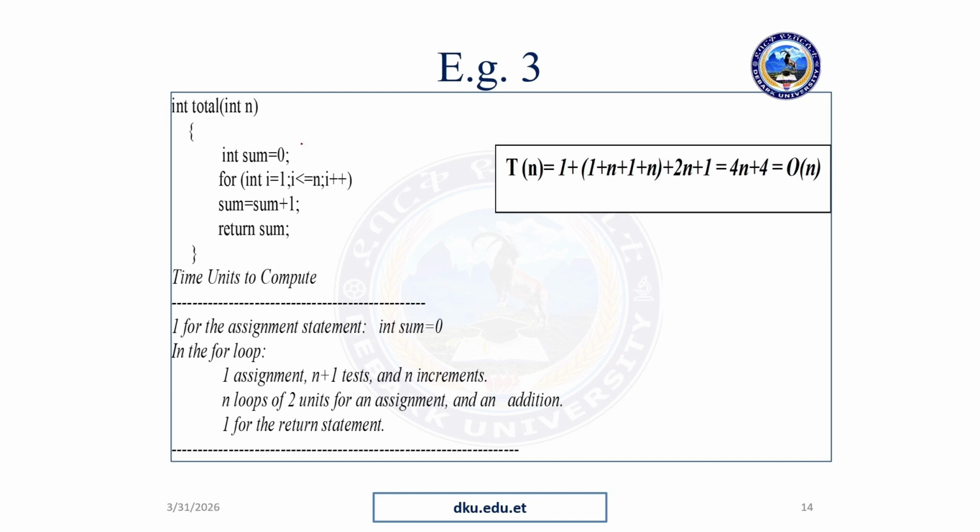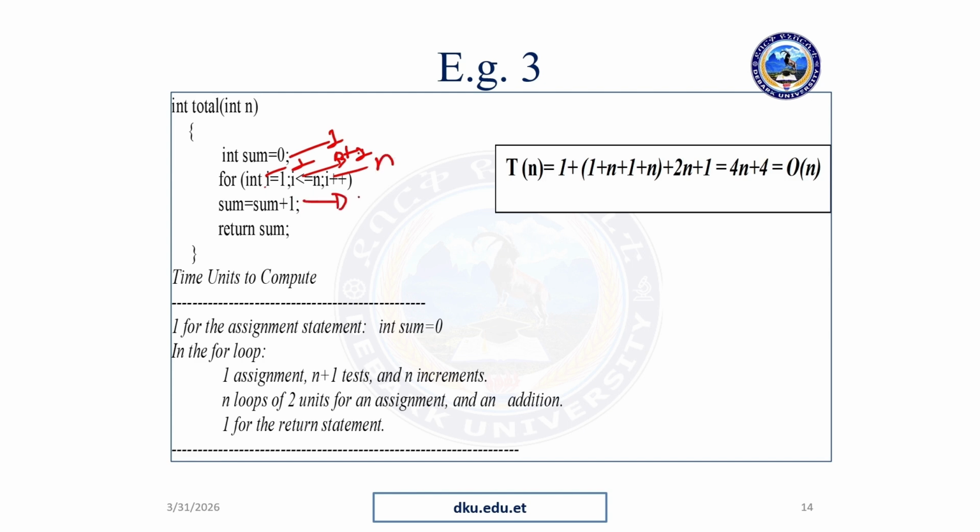This is another example, just as we did in the previous example. This one will take 1 unit of time. It will take 1 unit of time. This one will take 1 unit of time. This one will take 1 unit of time. We start the value of i from 1, and there is a less than or equal to symbol, so it will take n plus 1 units of time, and this one will take 1 unit of time.